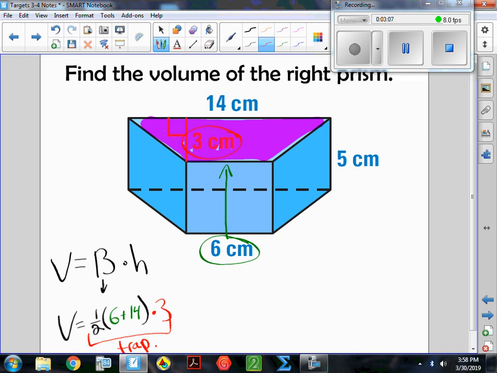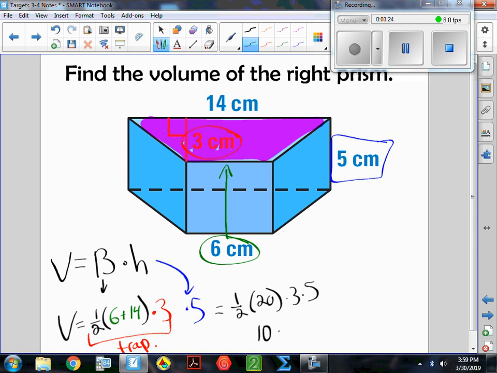And then I need the height of the prism itself, which is 5 centimeters. So I can use my calculator to help me out with that. 1/2 times 6 plus 14 is 1/2 times 20, and then times 3 times 5. So 10 times 3 times 5. 10 times 3 is 30, times 5 is 150, so 150 square centimeters.